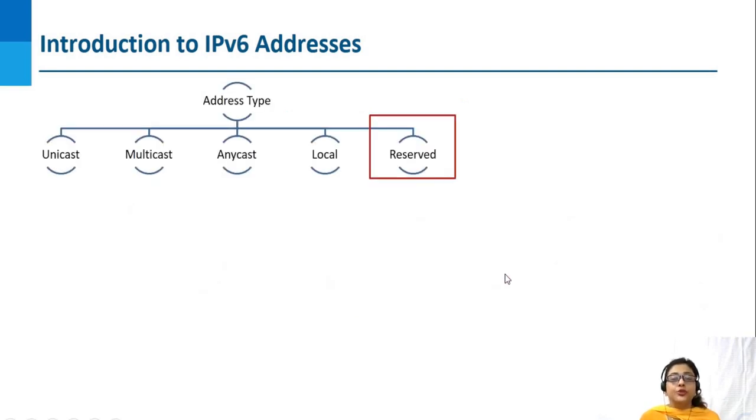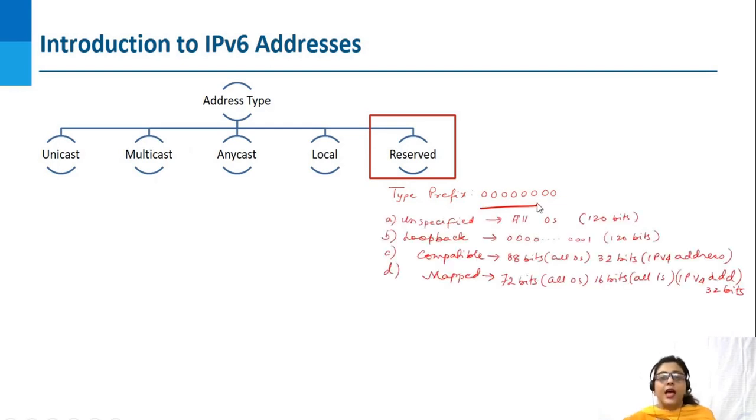Next, we turn our attention to the reserved address type. The type prefix is all zeros, and we have 4 different types of addresses which are reserved. One is the unspecified address. This consists of all zeros, and it is mainly used when the device does not know its address and sends a message to the internet to learn its own address.